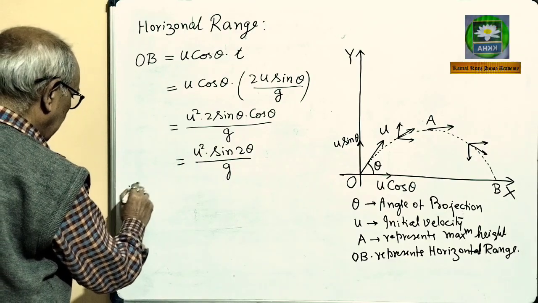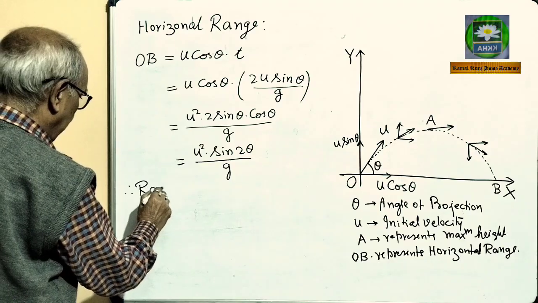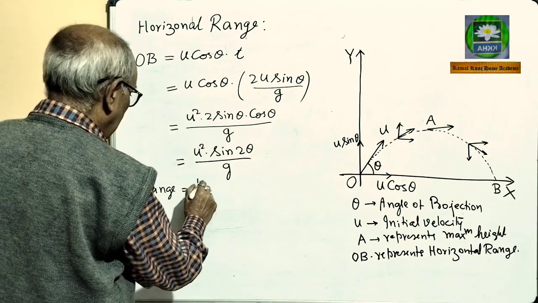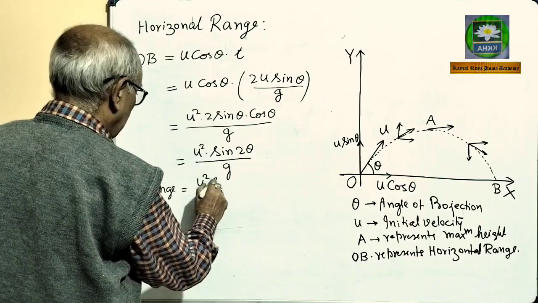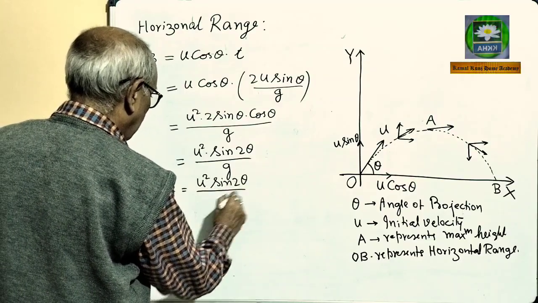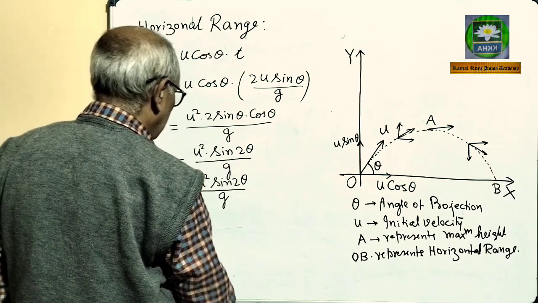Therefore, range is equal to u square sin 2 theta upon g.